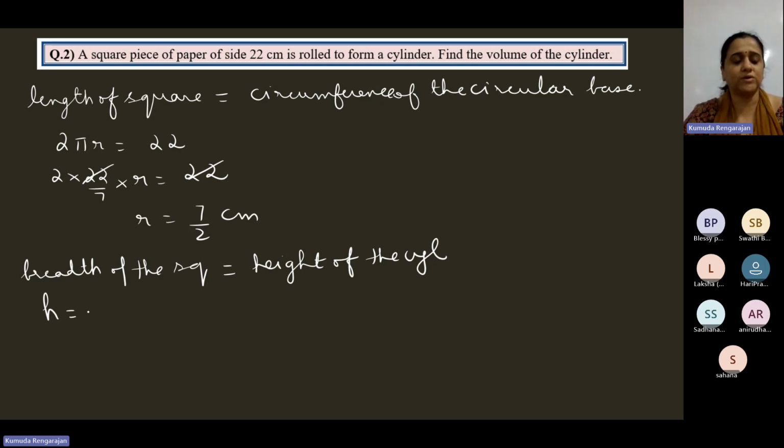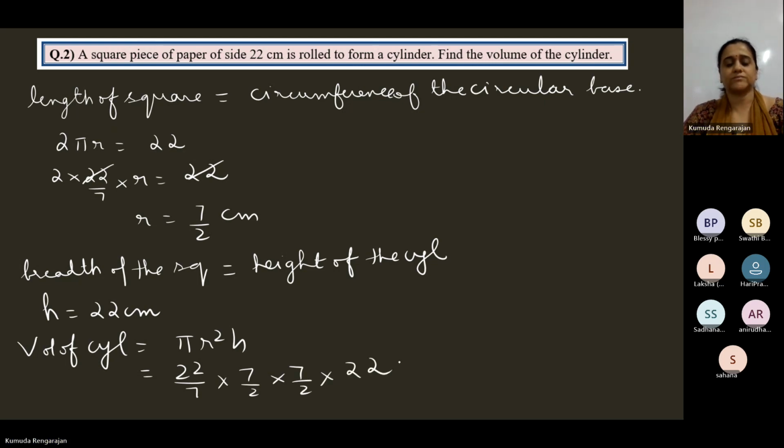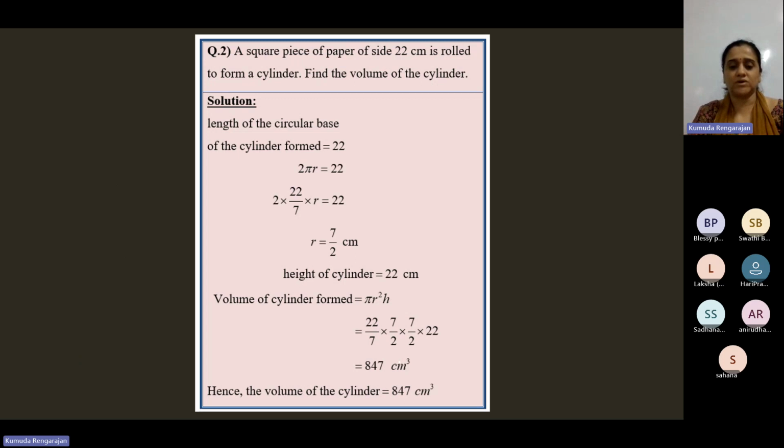So h is equal to 22 centimeters. Now volume of cylinder is equal to pi r square h. 22 by 7 into 7 by 2 into 7 by 2 into h. The answer is 847.